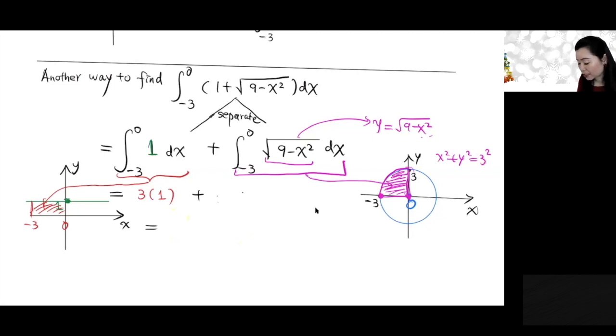That will be a circle centered at the origin with radius 3. This one corresponds to the area under this upper half circle, and x here goes from -3 to 0. So it will be a quarter of this circle, which is going to be 1/4 times pi times 3 squared.